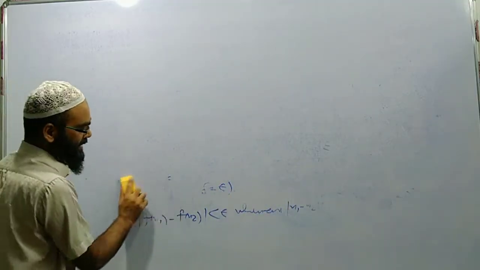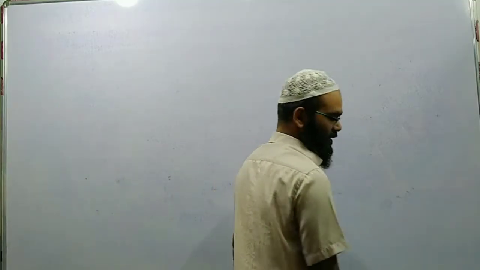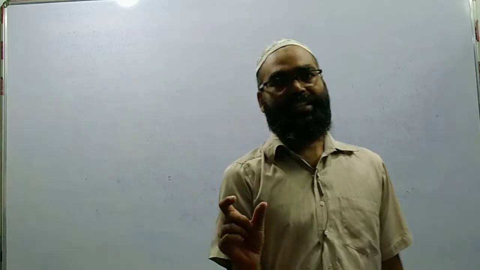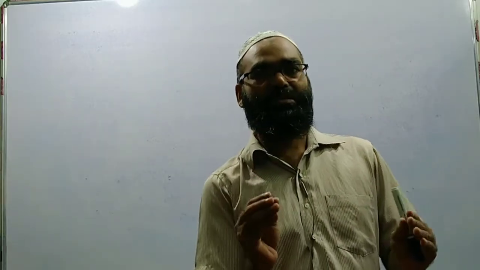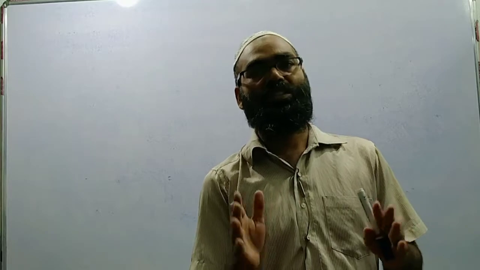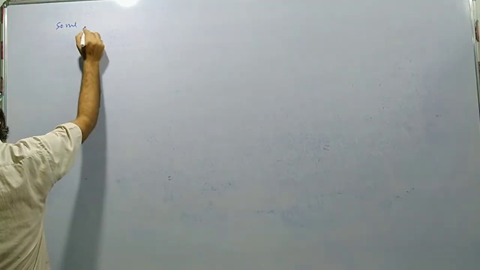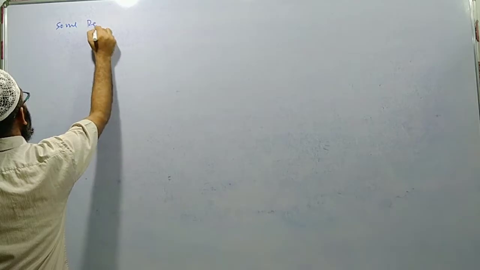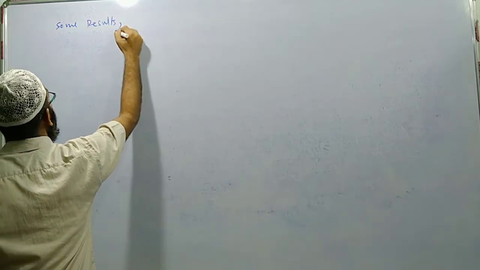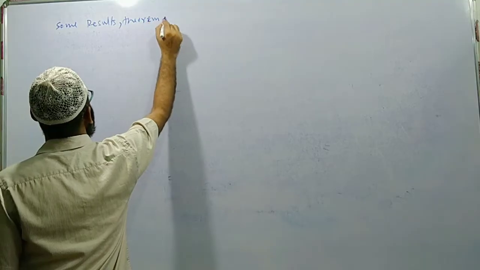So next we discuss the short techniques, various techniques, for how to check whether a function is uniformly continuous or not on an interval or set. So, some results, theorems and techniques.